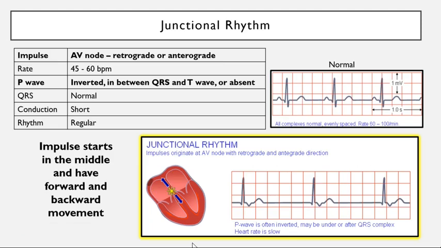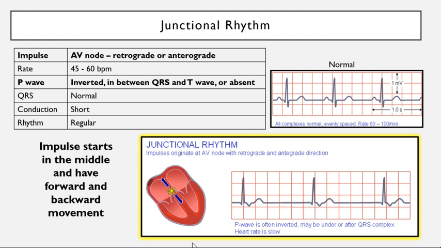Okay, junctional rhythm. With junctional rhythm, what's happening here is that the original impulse is starting at the AV node, meaning you didn't have the proper order of the electrical impulse, in that it didn't start in that top left corner where the SA node is, and so you don't have atrial contraction, right?